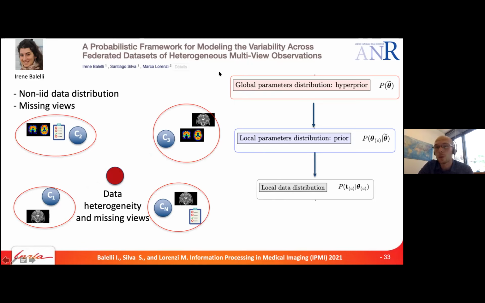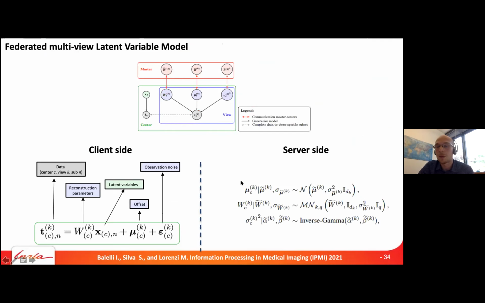What we want to do is to solve the inverse problem. Given the data, assuming this hierarchy, we want to infer all the parameters. It becomes a classical model of variability, in the style of probabilistic PCA, where the data varies in every center. Per center, we have samples and we have views.